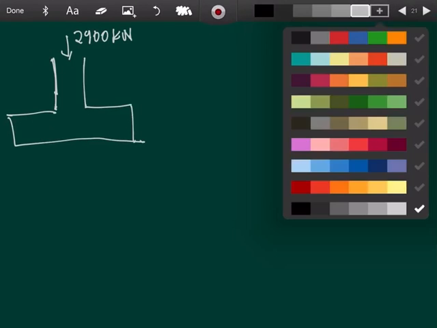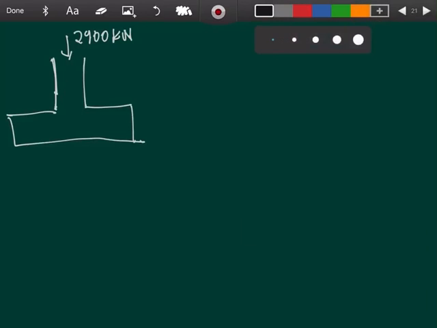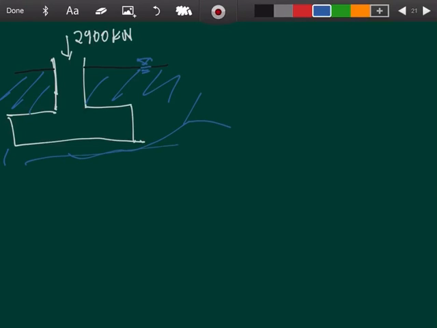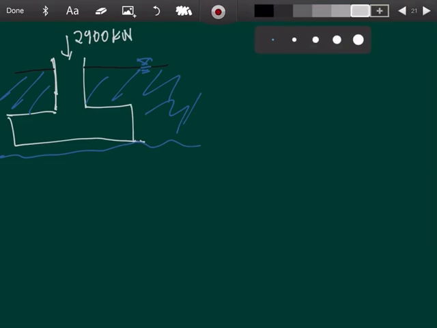Yung water table natin, from 1 meter, the depth of the footing, umangat siya dito sa ating ground. Yung groundwater table natin ay andito sa ating ground, meaning ito ay saturated, diba? So, ano ang gagawin natin, class, if lahat ito ay saturated? Kasi nga, yung groundwater table natin is umangat dito sa ating ground surface. So, yan yung isang problem.